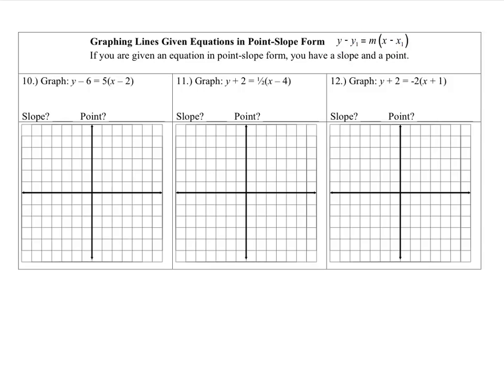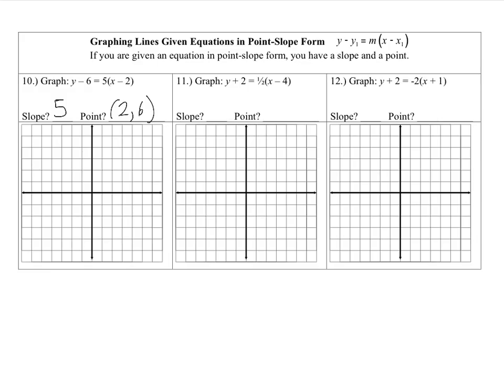So for an example, for this equation, y minus 6 equals 5, and then x minus 2, the slope here is what's in front of the parentheses, which is 5. The point is not negative 2, negative 6, but positive 2, positive 6.